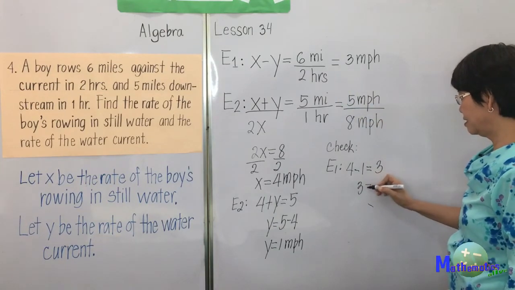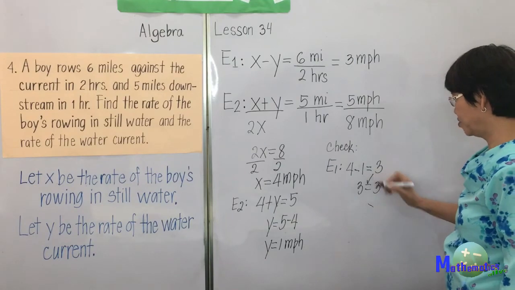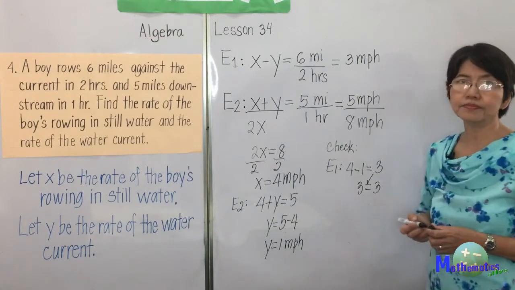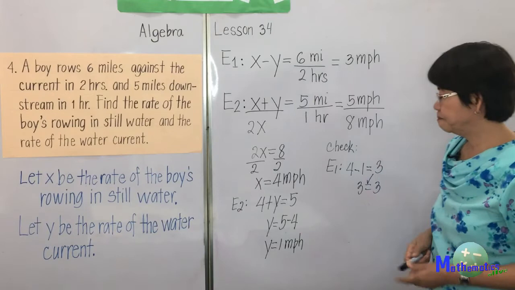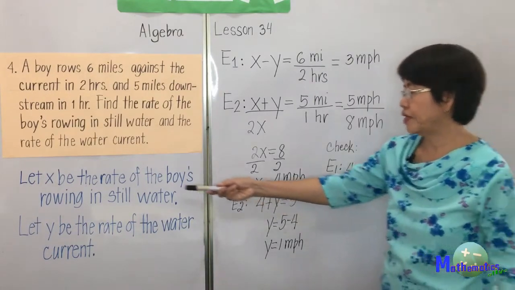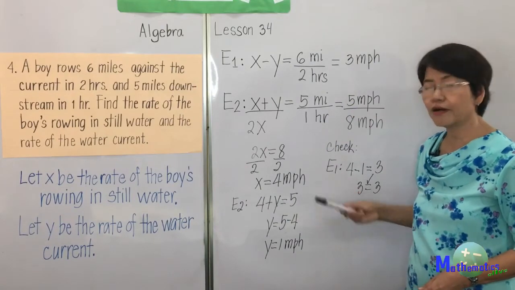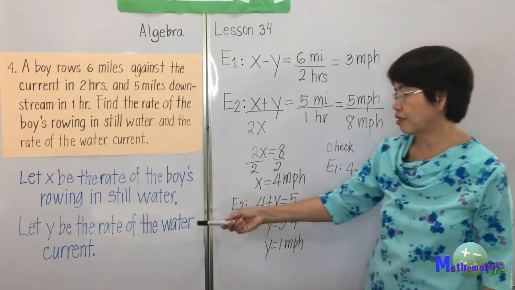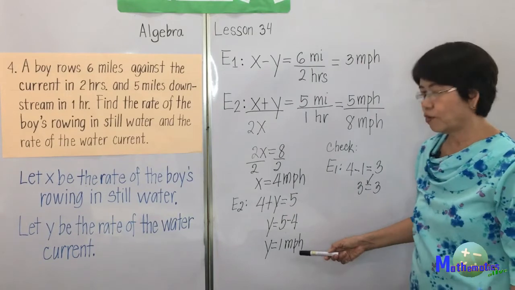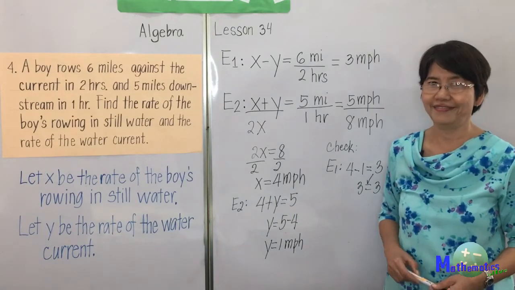So 3 is equal to 3. Check. Our answers are: the rate of the boy's rowing in still water is 4 miles per hour, and the rate of the water current is 1 mile per hour.